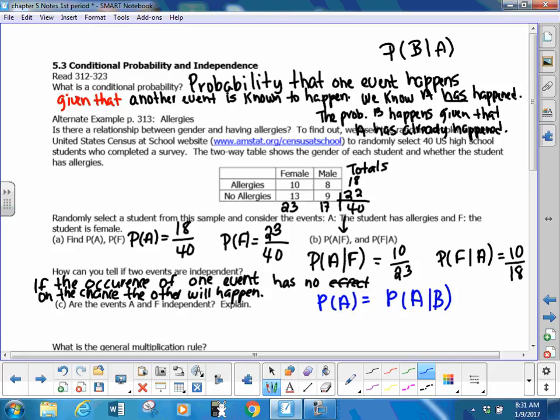So mathematically, this is how you prove it. And you could flip it around. Maybe you want to say the probability of B is equal to the probability of B given A. See, B is not going to change whether A happens or not. That would show independence. If those are not equal, they're not independent.